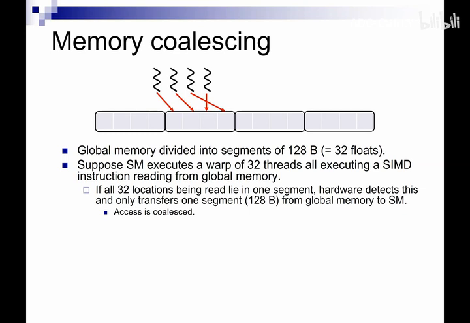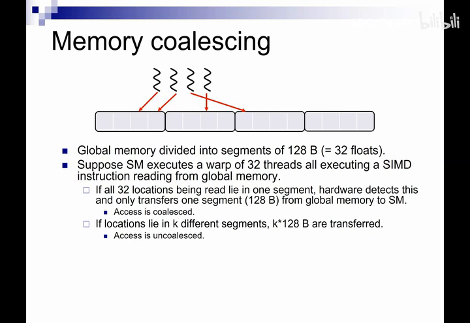If this entire warp of threads is reading from the same segment, then the GPU hardware can detect this, and it's only going to transfer data from the single segment from the global memory to the streaming multiprocessor. Since we're only transferring one segment, this is called a coalesced memory access.